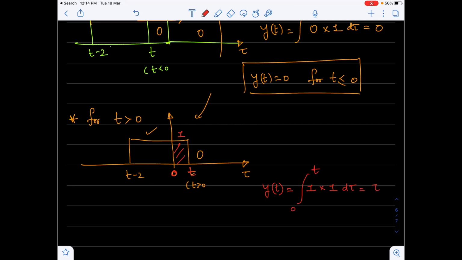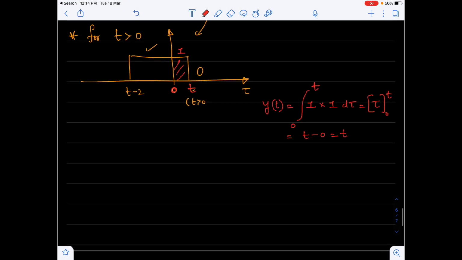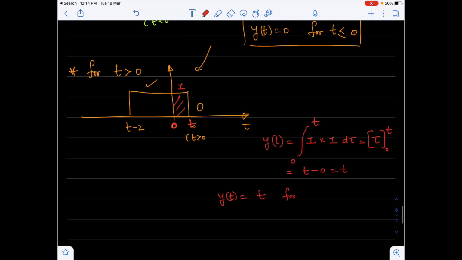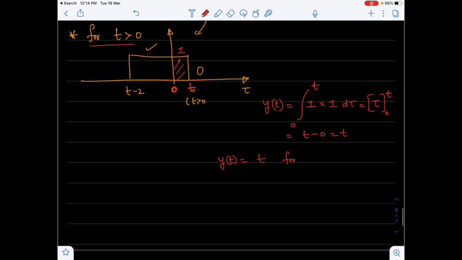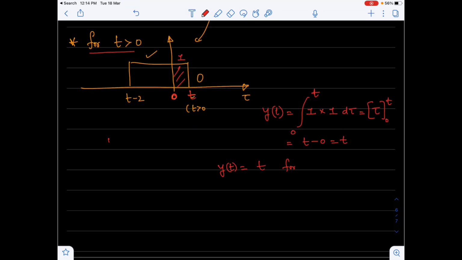So this will become tau, and applying the limit 0 to t, this will become t minus 0, which is equal to t. So y of t is equal to t for what? T greater than 0.